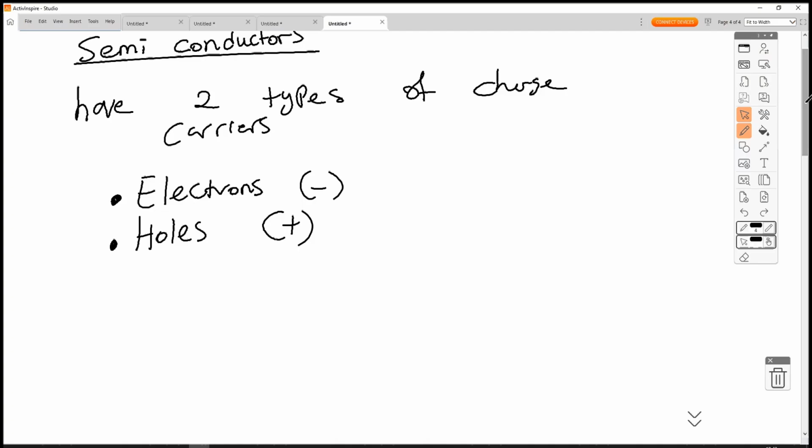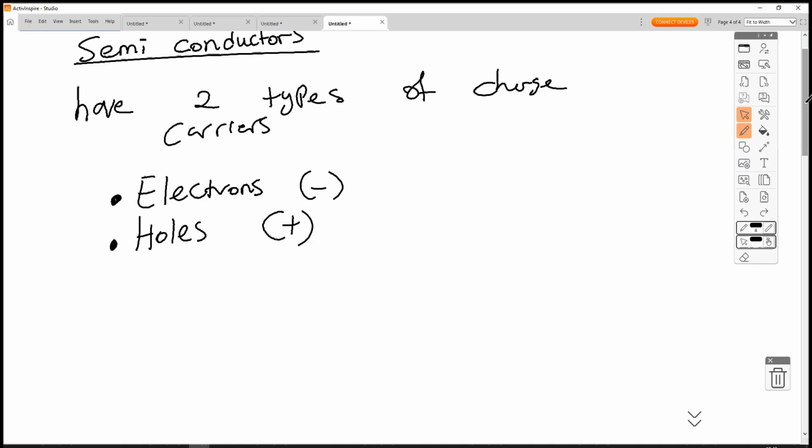We talked about this last lesson. If they vibrate with greater amplitude, it makes it more difficult for electrons to pass through. If it's difficult for electrons to pass through, then the resistance has increased.